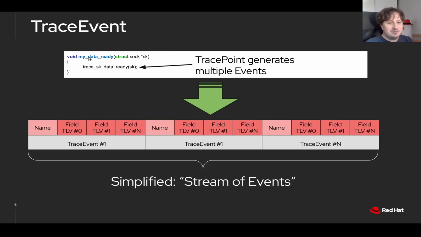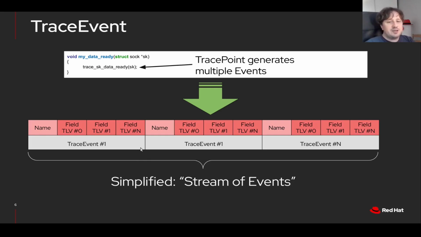For example, here in this function it says trace_sk_data_ready. Data ready is a common socket callback to signal the user that there's something ready in the socket queue to read out. And it generates a lot of events.